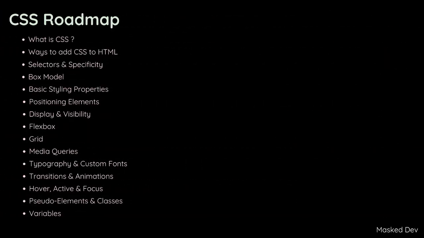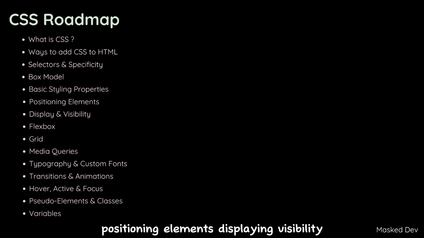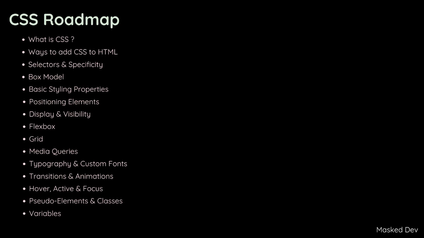Let's also look at the CSS roadmap. Here we have CSS: ways to add CSS to HTML, selectors and specificity, box model, basic styling properties, positioning elements, display and visibility, flexbox, grid, media queries, typography and custom fonts, transitions and animations, hover, active and focus, video elements and classes, and variables.